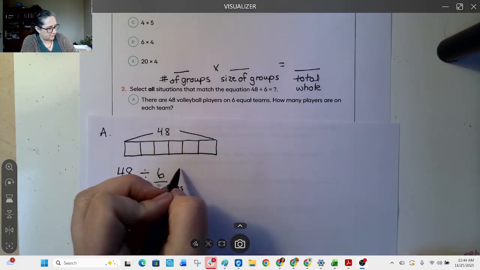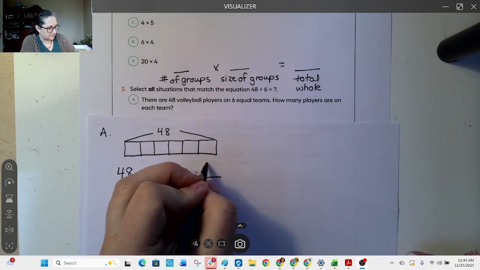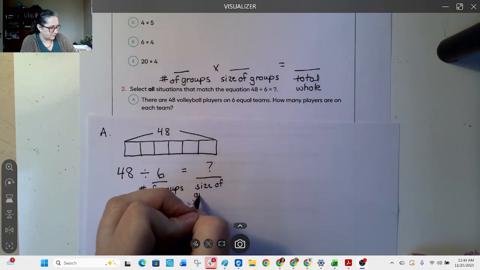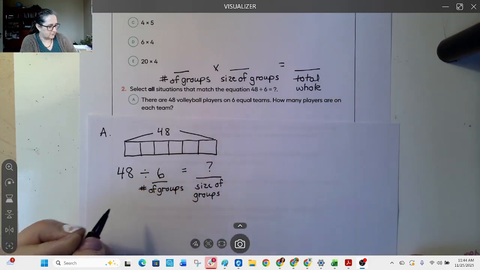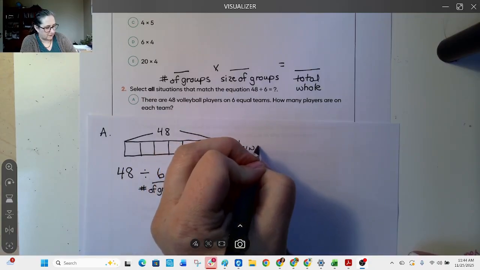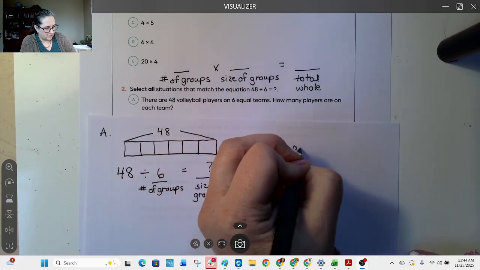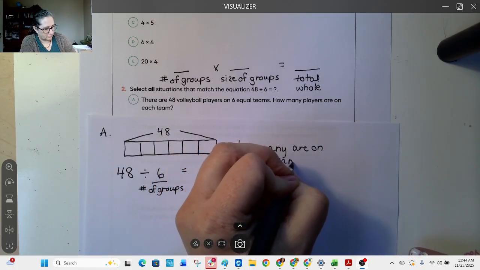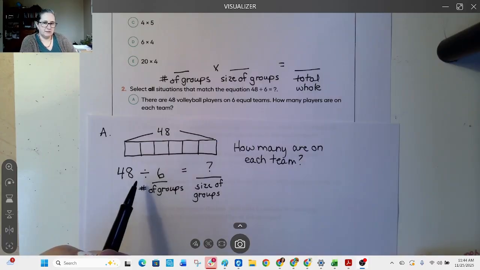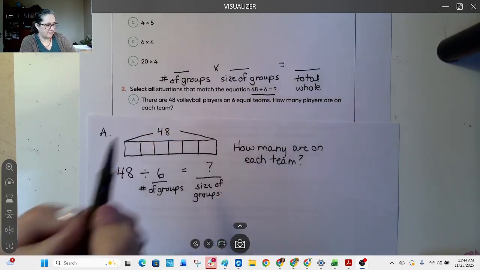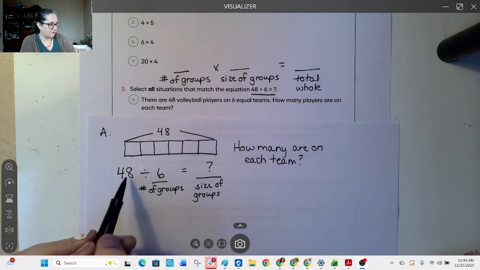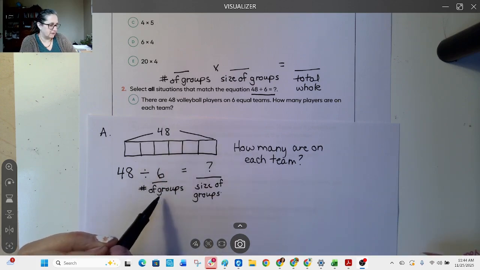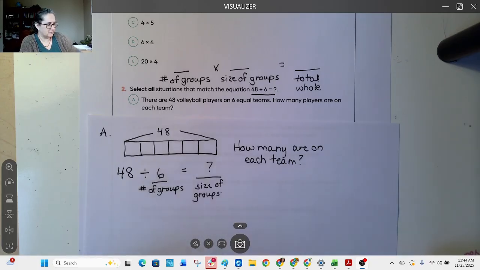And what we don't know is the size of the groups, because we don't know how many are on each team. So in this situation, we do have a situation that matches the expression 48 divided by 6, because if we take 48 players, divide them into 6 equal teams, we want to know the size of the teams.